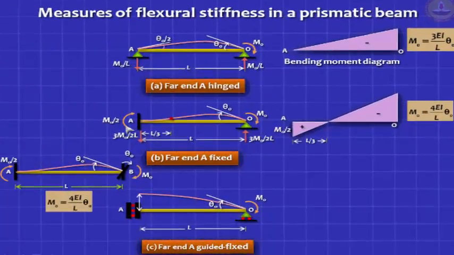So my request to you, if you've not understood this, derive this and get this very clear, that if I have a situation like this, apply a clockwise moment m0 here, I'm going to get a deflected shape like this. The stiffness is 4 EI by L into theta naught, and the moment that carries across to the fixed end at the other end is m0 by 2. This is something fundamental. This is the bending moment diagram you get.